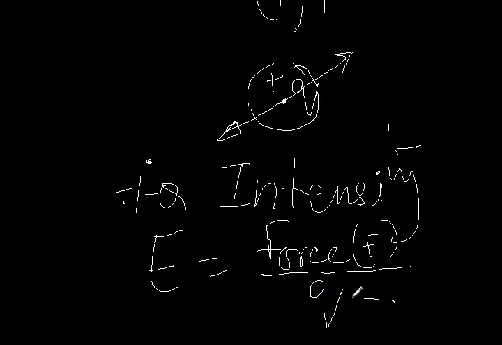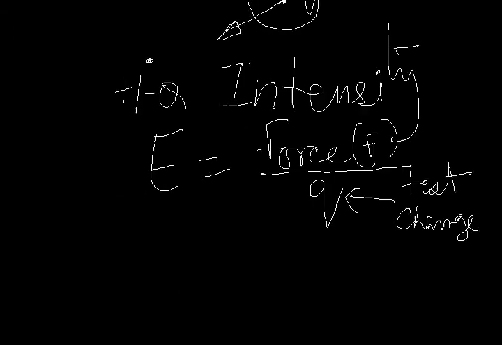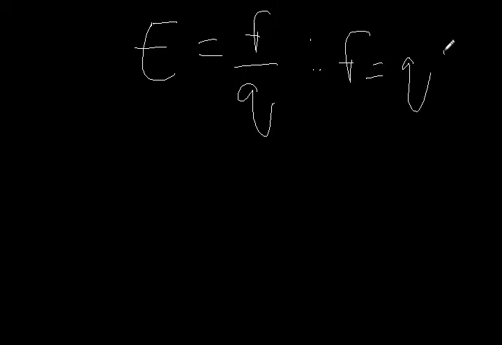So it is very important for us to understand that this q is the test charge. And when we define electric field, we say that it is nothing but the force acting on the test charge. So mathematically, when we put this together, E is equal to F by q, is the relation that F is equal to qE.